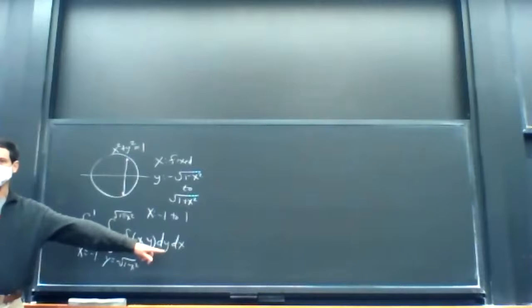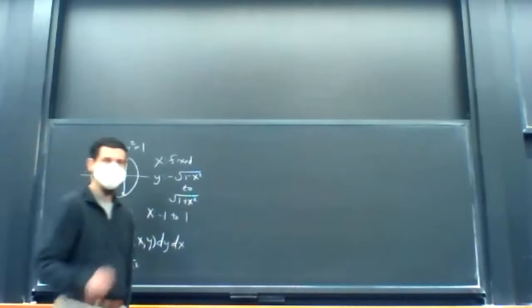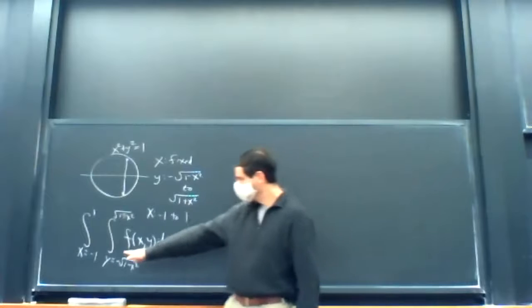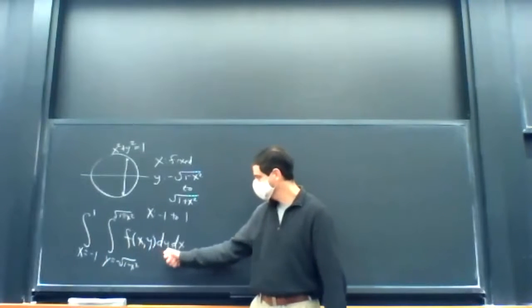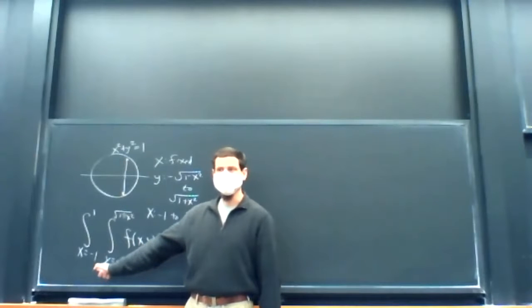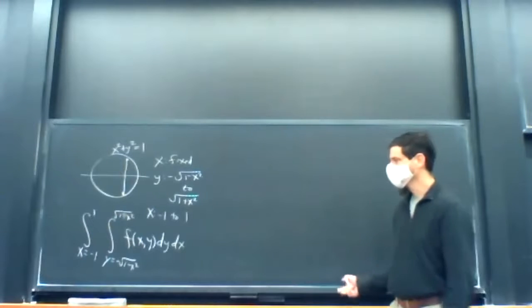Why did I write dy first and dx second? I'm integrating with respect to y first. Do I need to put a y subscript down here? No, because I put the dy over here, it has to be the y variable that's being integrated over here.